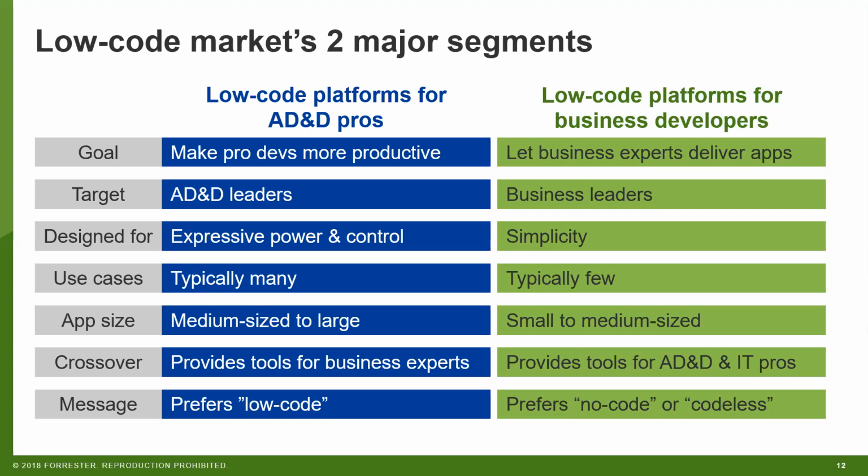Now, there is a branch of the low-code platform market that caters to citizen developers. It is a separate branch from the vendors that focus on empowering professional developers. And what I've done on this slide is try to contrast the two. They're quite different because the users of the products are very, very different. Business people are not professional developers.